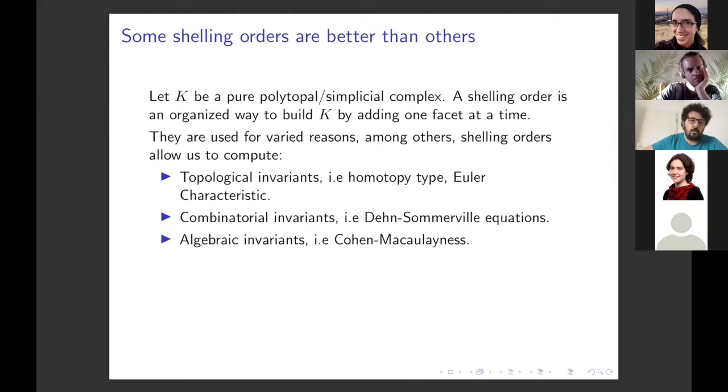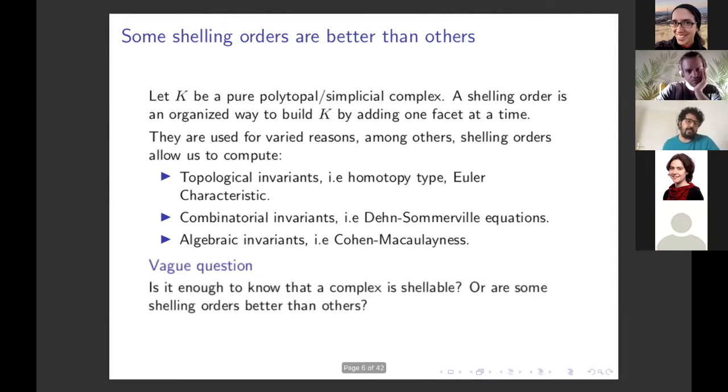Or we can use this to compute and understand combinatorial invariants. For example, if you know what the Dehn-Sommerville equations are, there's a very beautiful proof using shellability. And you can compute algebraic invariants, like Hilbert series of Stanley-Reisner rings, or use it to check that simplicial complexes are Cohen-Macaulay, if you like commutative algebra.